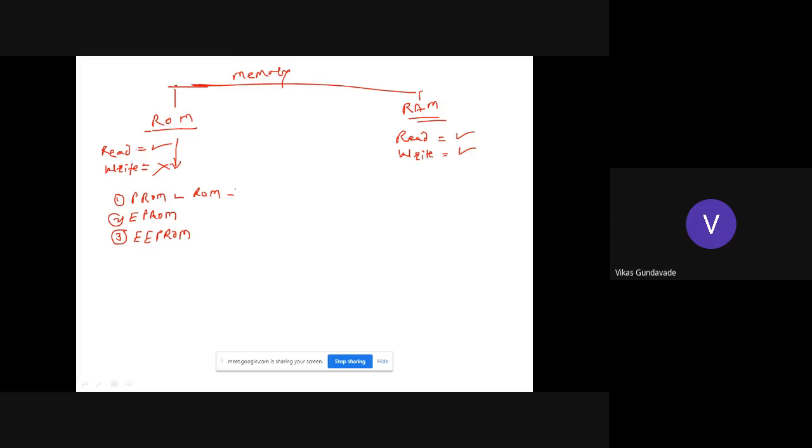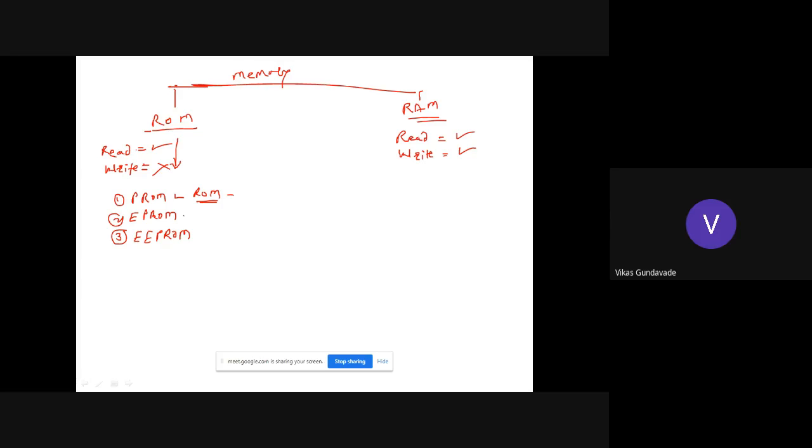According to the programming, or according to the data, these fuses are flashed, and it will blow some fuses. If the fuse is connected, that will be 1. If the fuse is disconnected, that will be 0. So 1 0 1 0, and so on, the data will get stored. And once the data is stored, it cannot be changed in the programmable read-only memory.